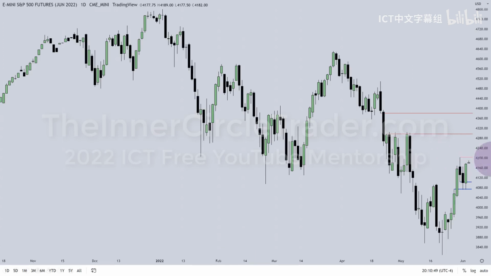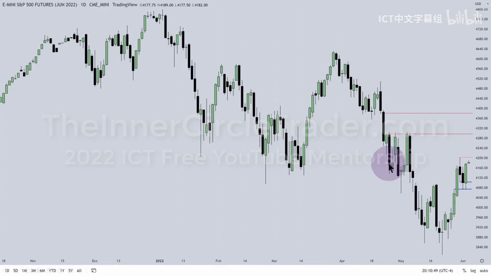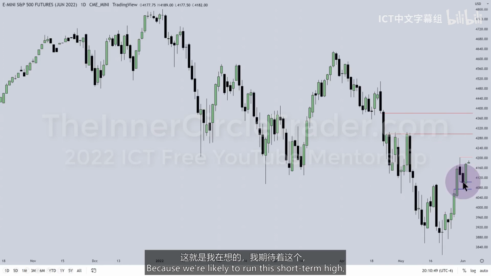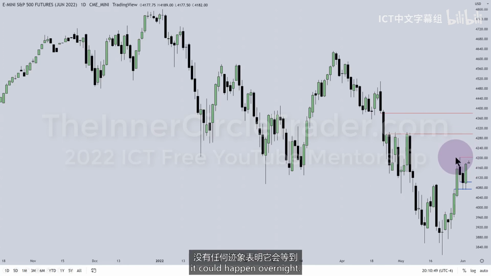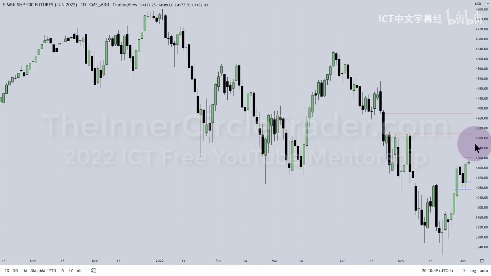So bias is going to be derived from this chart here. Because we're likely to run this short-term high, that's what I'm thinking, I'm expecting that. It could happen overnight. There's nothing saying it's going to wait until tomorrow at 8:30 when non-farm payroll comes out.